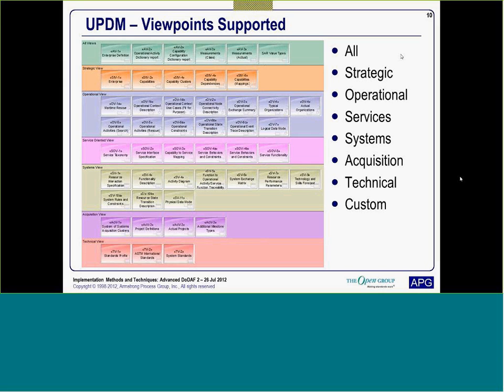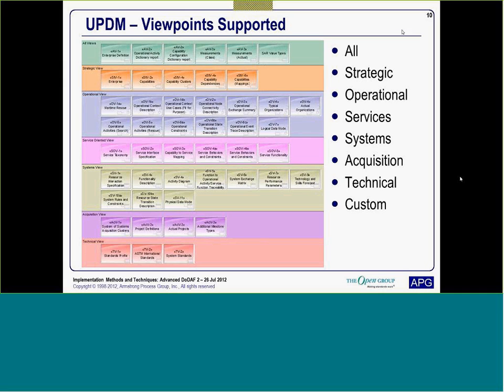So, strategic view. Strategic view is a MODAF nomenclature. In DoDAF, they call it the capability view. So StV-1 is the same as a CV-1 in this case. That is, what are the capabilities that we need, and what are we trying to do with the system, etc. Moving down the stack, we get to an operational view, and as you can see, there are a number of those operational views.